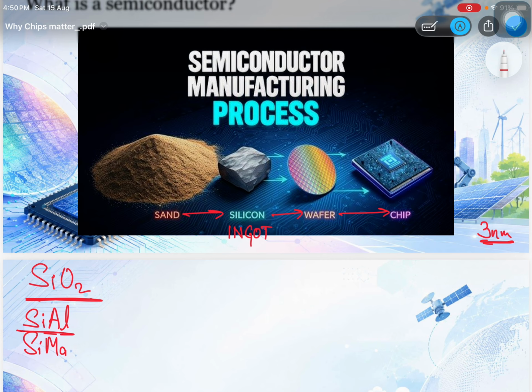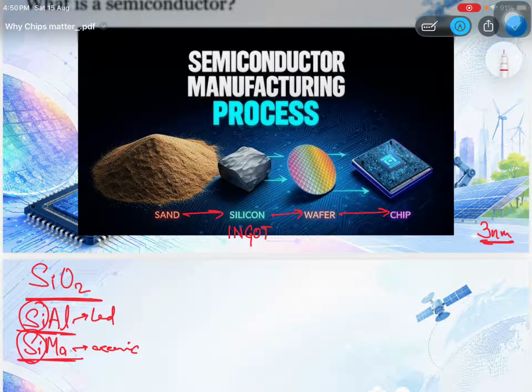These two are the elements which are present in Earth's crust in excess. Sial we call for land surface, and Sima we call for oceanic surface, all right. So silicon is present in our Earth's crust in very large amounts, and the most feasible form to obtain silicon is from sand, because sand naturally contains SiO2.